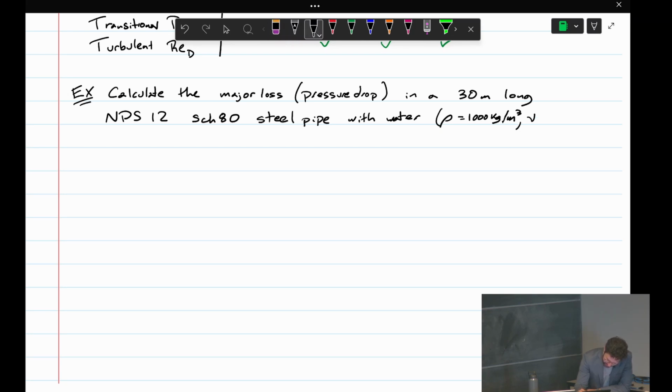I'm also going to give you a new flowing at 0.1 cubic meters per second.